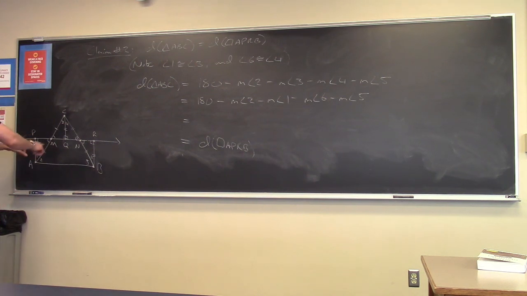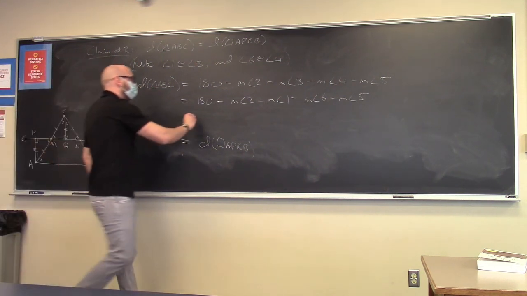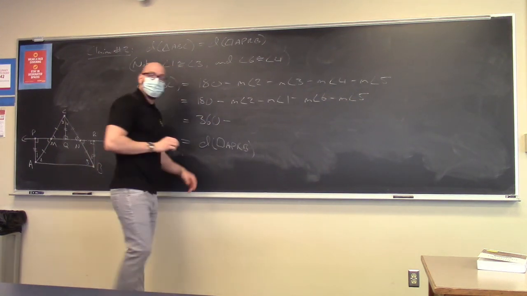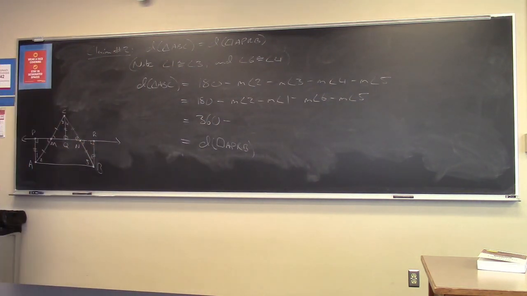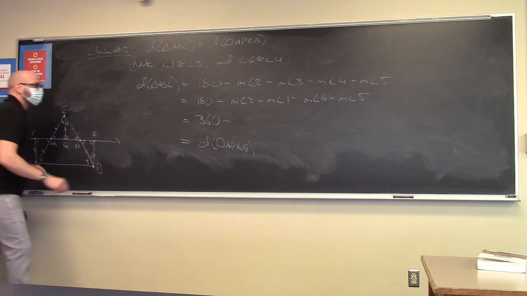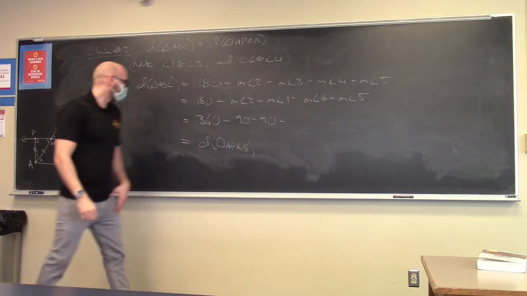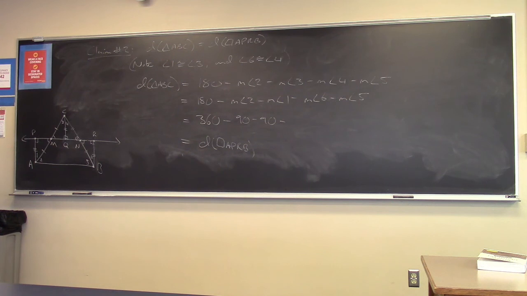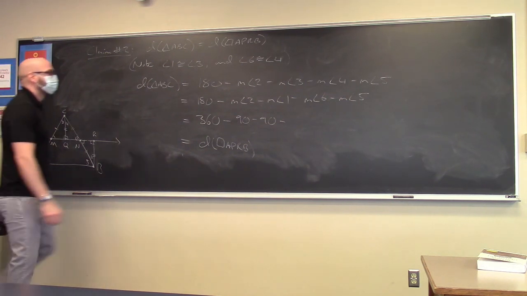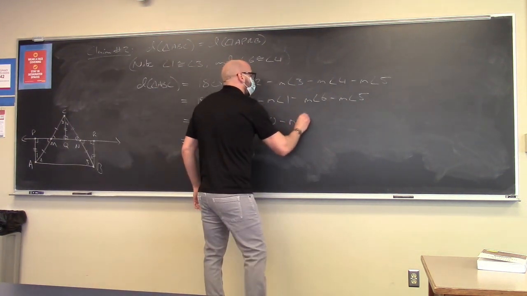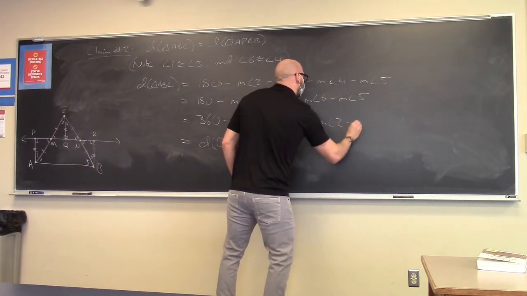So what is the defect of the security quadrilateral? Well, it's a quadrilateral, so it should be 360 minus its angle sum. And what's its angle sum? Well, it would be 90 plus 90, so 360 minus 90 minus 90 for those two right angles. And then I've got angle 1 and 2, so minus measure of angle 1 minus measure of angle 2.